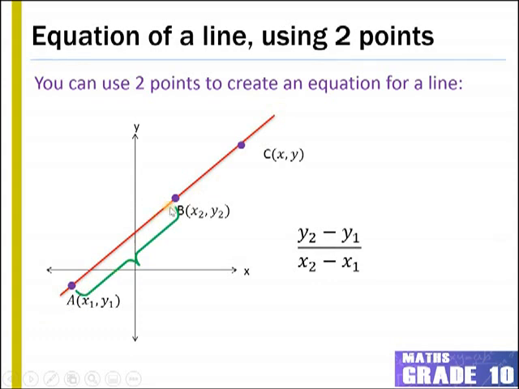Then the gradient from A to B is y2 minus y1 over x2 minus x1. And the gradient from B to C is y minus y2 over x minus x2. This is the same line, so these two gradients must be equal. So this gives us the equation of a line using 2 points.